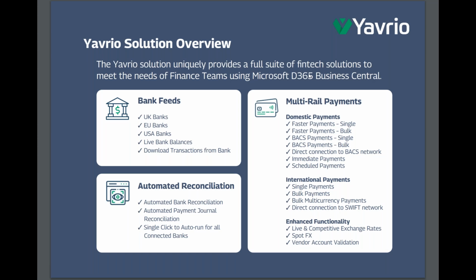And then lastly, the payment rails. We're a multi-payment rail solution, and so we do Faster Payments, SEPA payments, BACS payments. We also do international payments, single and bulk, multi-currencies as well, and that's via a strategic partnership that we have with a company called xe.com, part of the .com bubble.